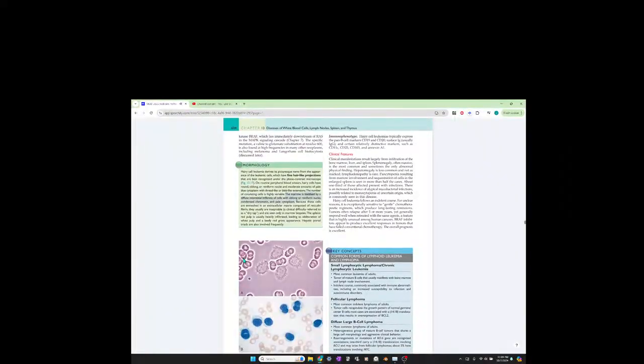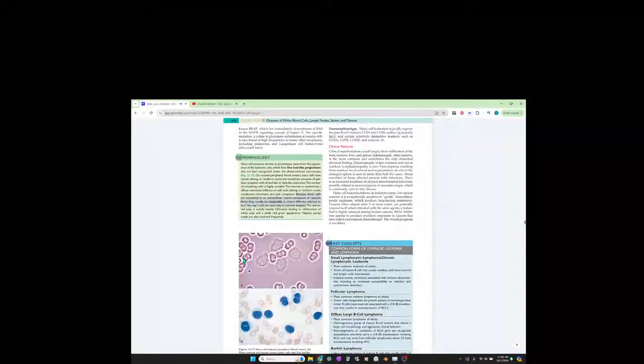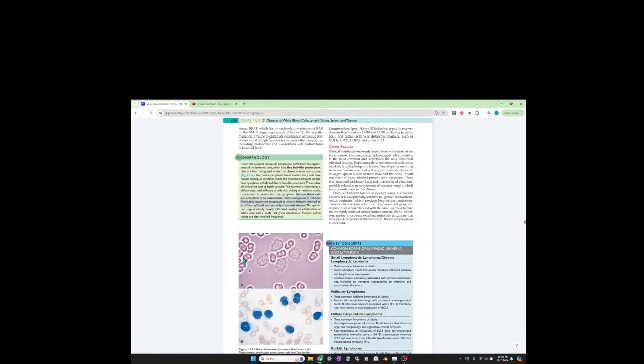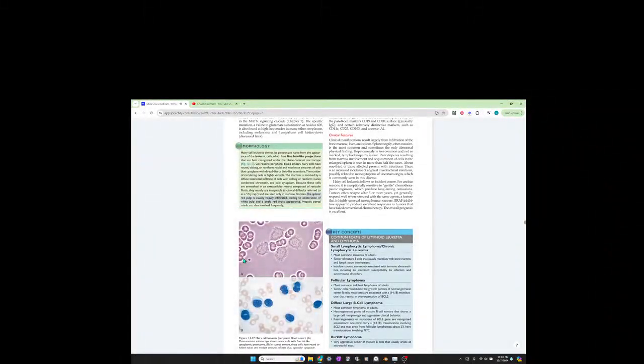The marrow is involved by a diffuse interstitial infiltrate of cells with oblong or reniform nuclei, condensed chromatin, and pale cytoplasm. Because these cells are enmeshed in an extracellular matrix composed of reticulin fibrils, they usually are inaspirable and are seen only in marrow biopsies. The splenic red pulp is usually heavily infiltrated, leading to obliteration of white pulp and a beefy red gross appearance.